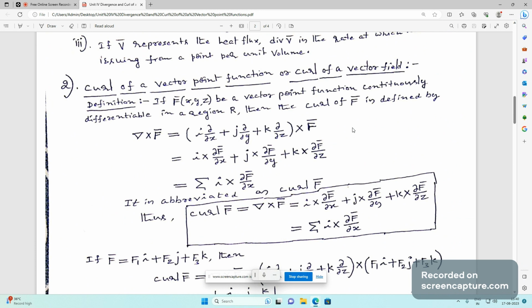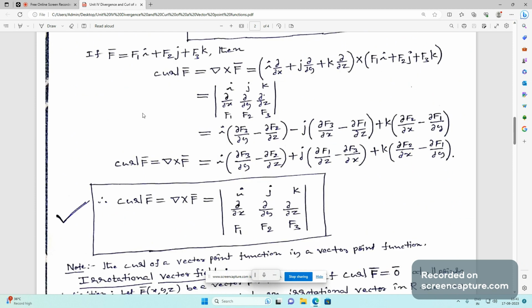Thus, curl f bar equals del cross f bar equals i cross ∂f bar/∂x plus j cross ∂f bar/∂y plus k cross ∂f bar/∂z, that is sigma i cross ∂f bar/∂x.